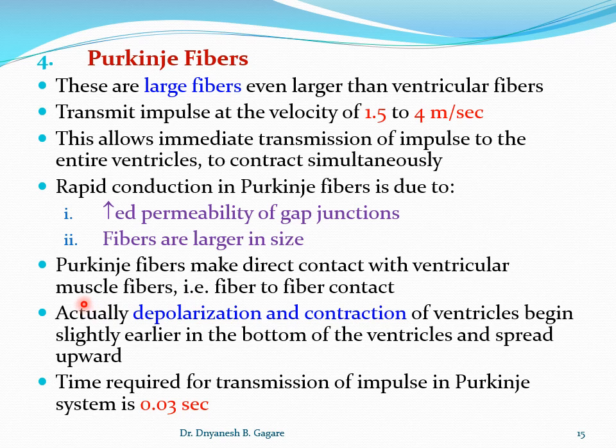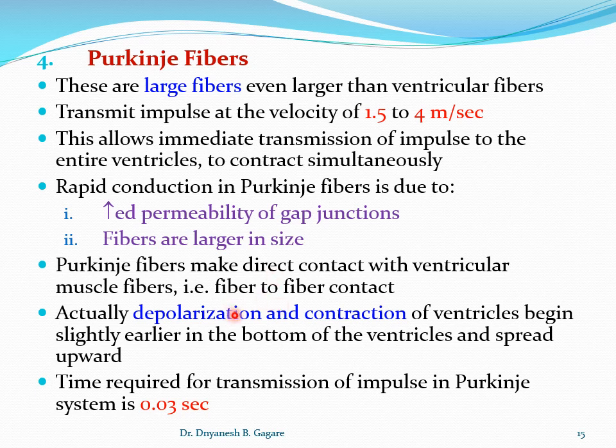Then next, Purkinje fibers make direct contact with the ventricular fibers, that is, there is fiber to fiber contact. If you keep in mind the importance of simultaneous contraction of the ventricles, this type of arrangement is very important.